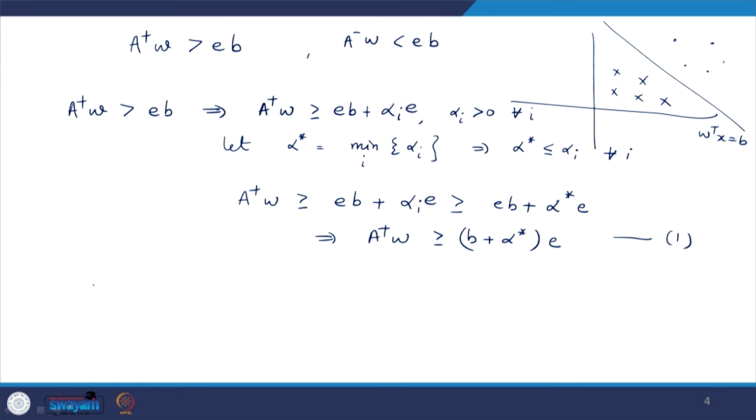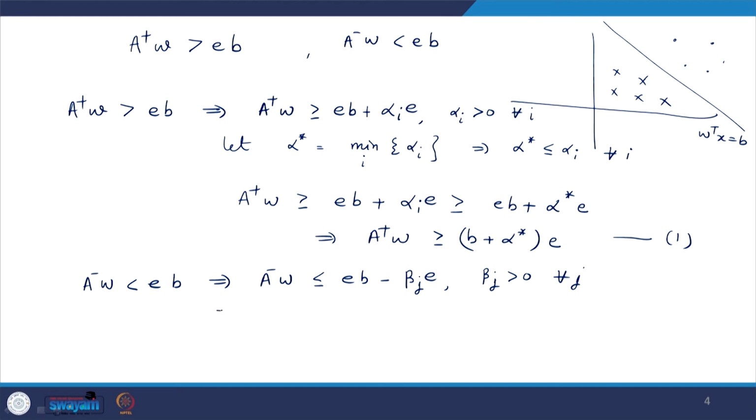Now, let us take A minus W less than E b. This further implies A minus W is less than or equal to E b minus beta j, where beta j is greater than 0 for all j, because E b will be less than or equal to E b minus beta j.